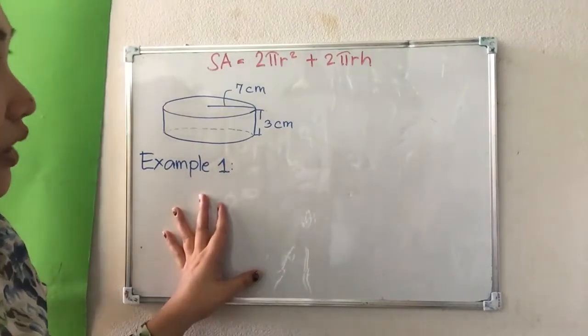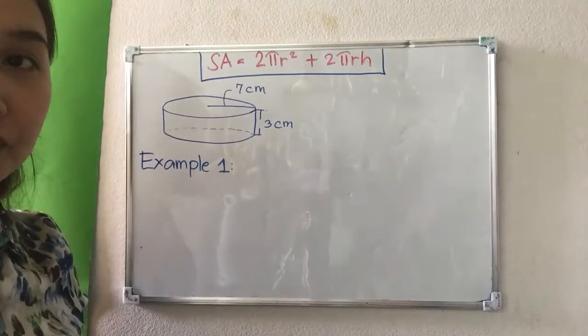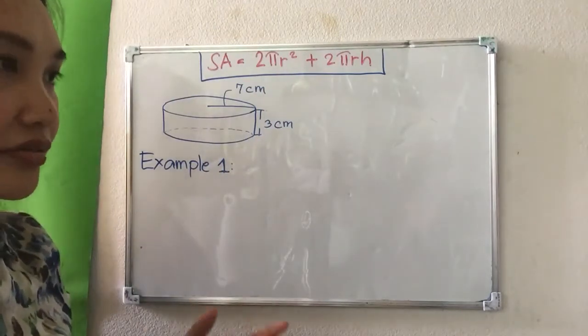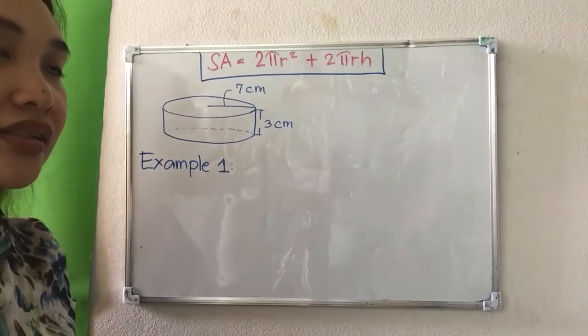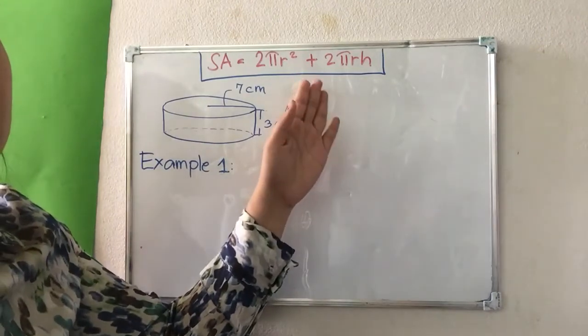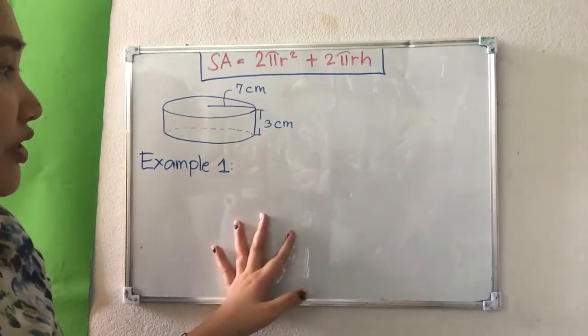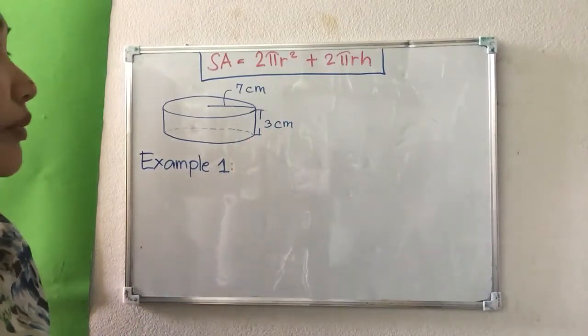Let's solve this one using the formula. The good thing about solving with the formula is that it's very easy, because all you need to do is follow the formula and the rest will be easy. So let's solve this example.